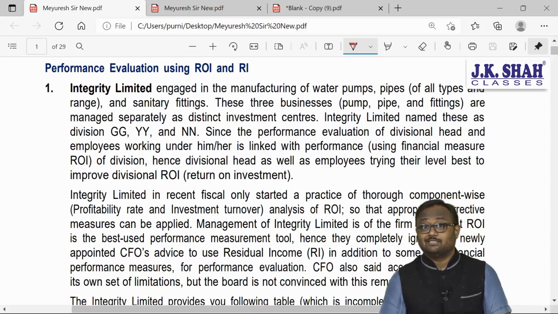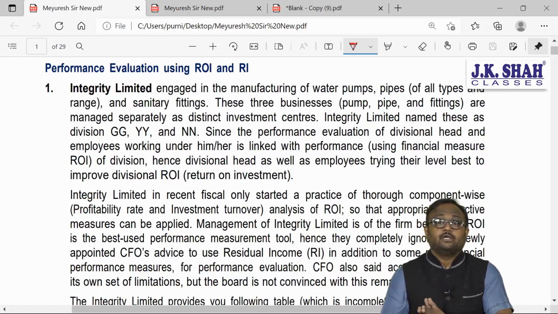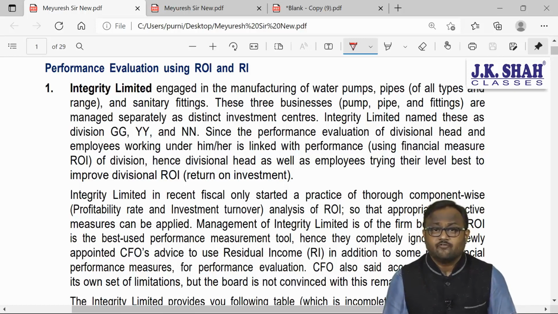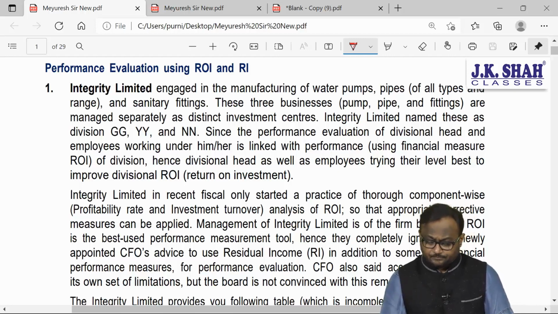Investment centers means all these are independent units. They are not only held responsible for cost and revenue, but they will also be allowed to take their own decisions related to investment and capital expenditure. They can take decisions about asset installation, plant installation and all. So they are completely independent centers.